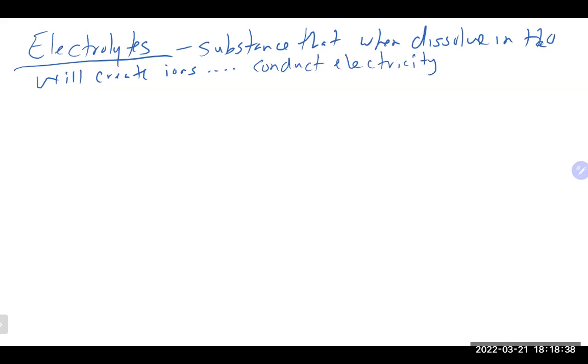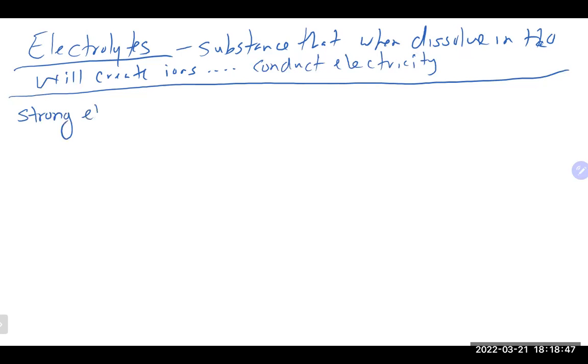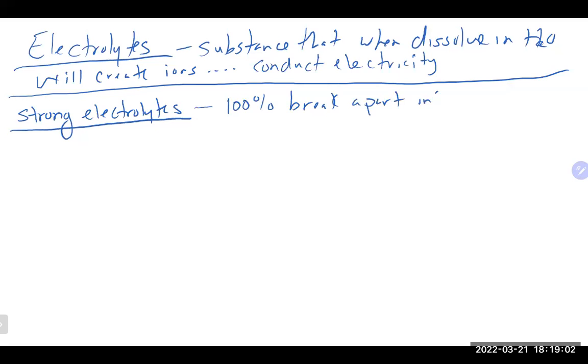Now, there's some different types of electrolytes. There are ones that are strong electrolytes. So strong electrolytes, when they go for a swim, will 100% break apart into ions. You have absolutely none of the whole unit still together.